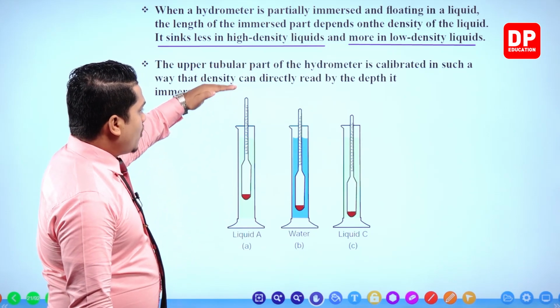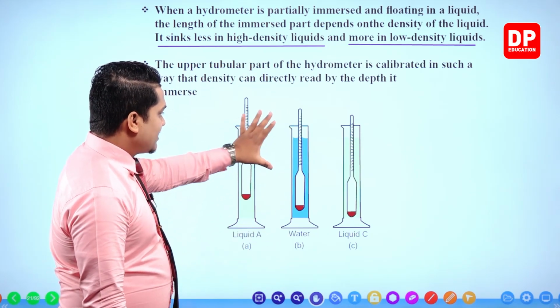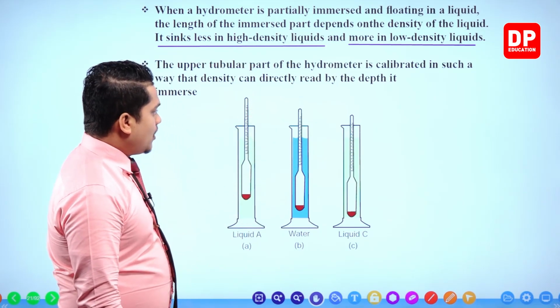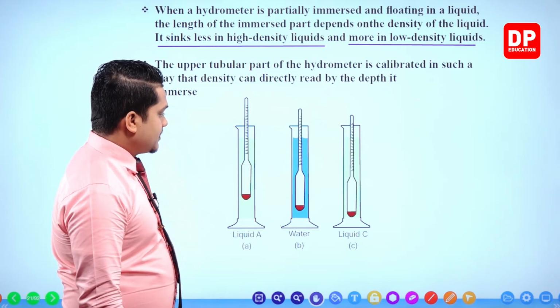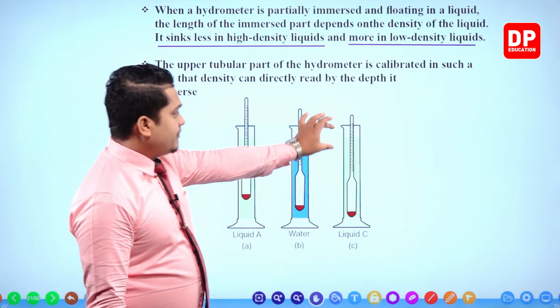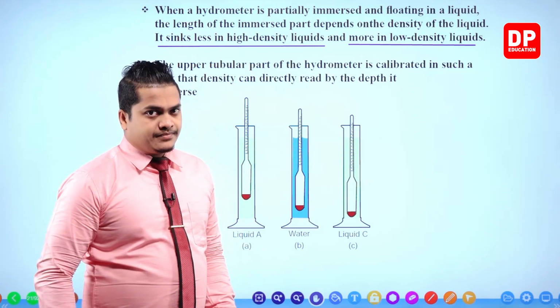More part is floating. In water, a somewhat greater part than in A has sunk, but however, the floating part is somewhat lesser. In liquid C, it's even lesser. The floating part is even lesser. The sunk part is even greater.